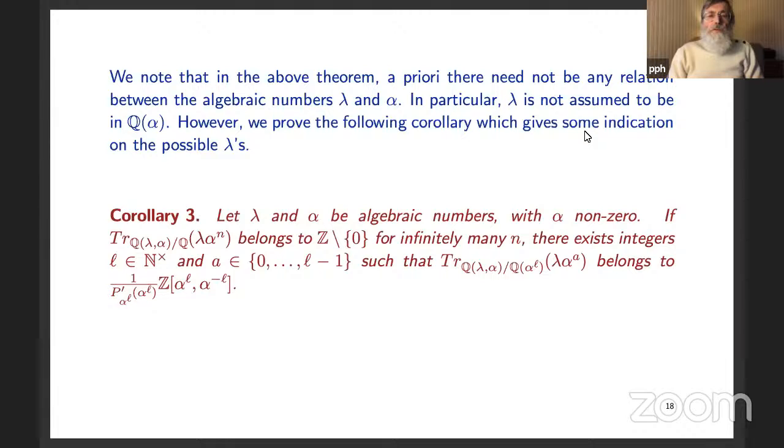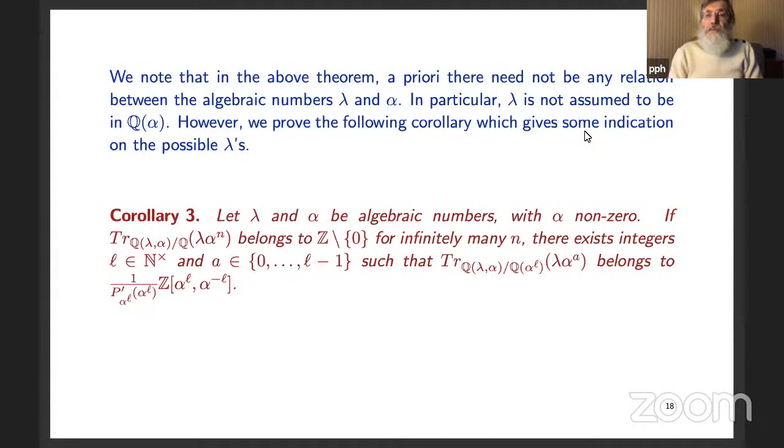So we still have lambda, alpha algebraic numbers. Here I assume alpha non-zero because lambda equals 0 is not much a problem. The hypothesis would be empty simply. We assume that the trace of lambda alpha^n belongs to Z and is non-zero for infinitely many n. So the same hypothesis as in the theorem.